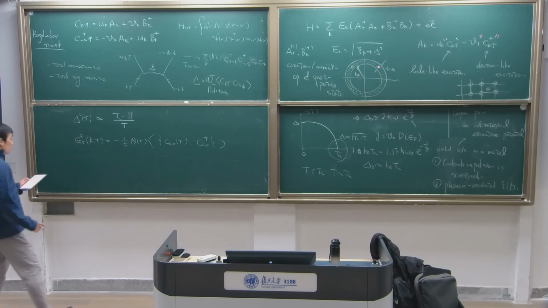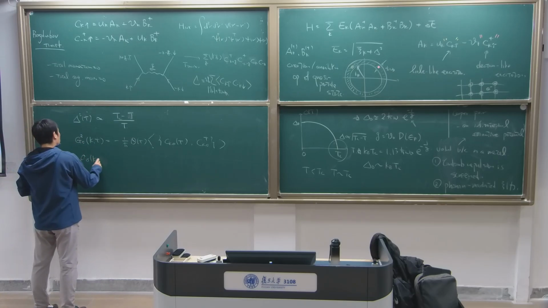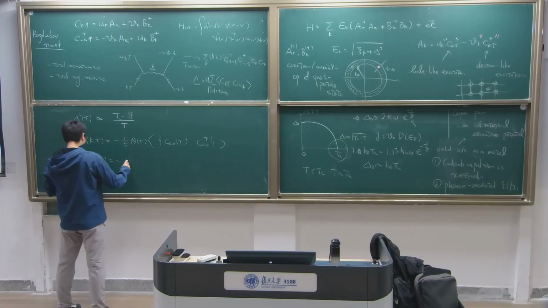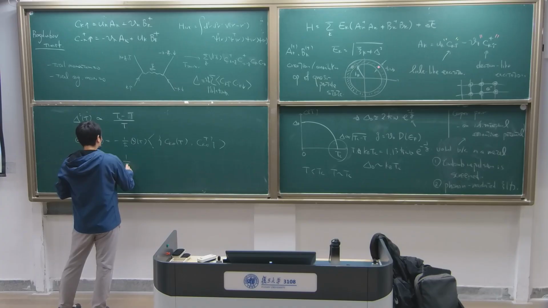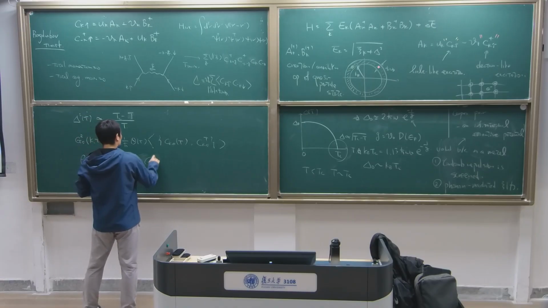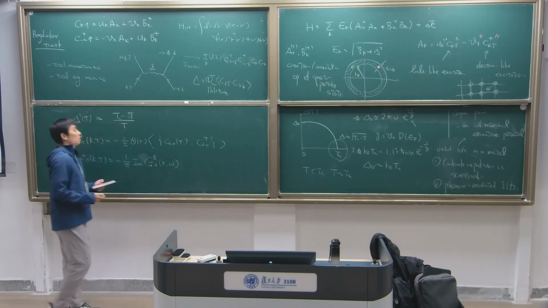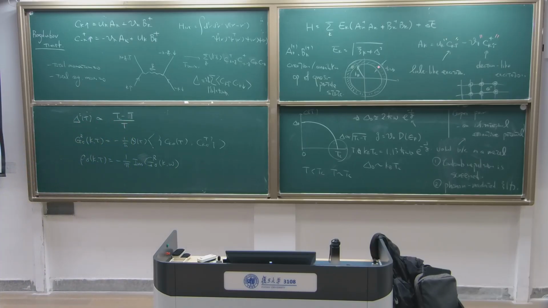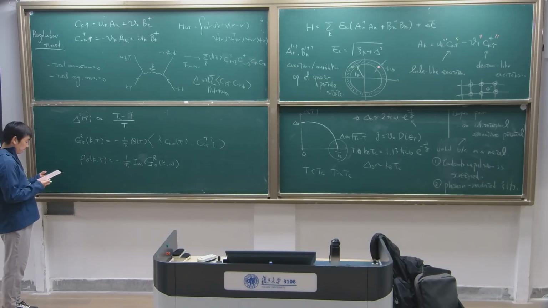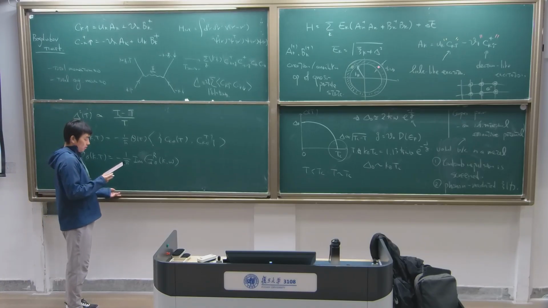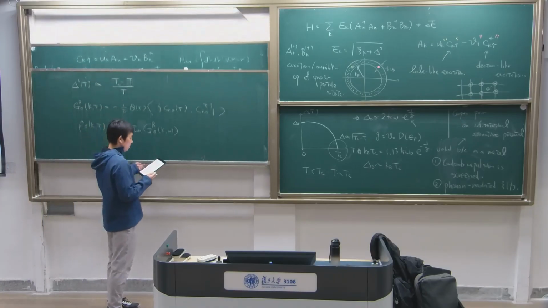And the spectral function is something proportional to the imaginary part of the Green's function, but we already saw that a long time ago. So we start looking at this Green's function, and then maybe we start to repeat the calculation.